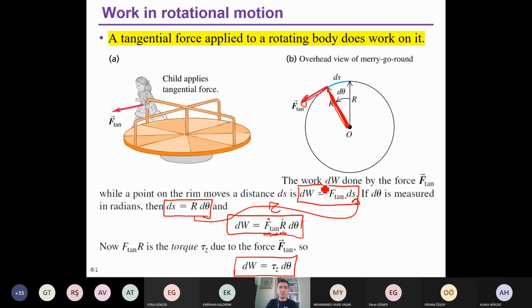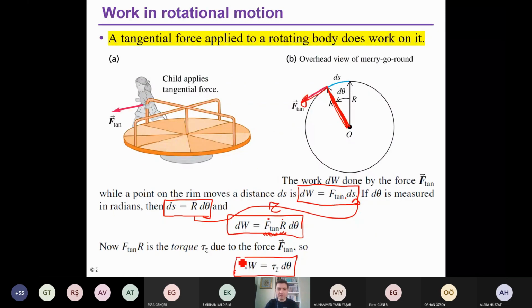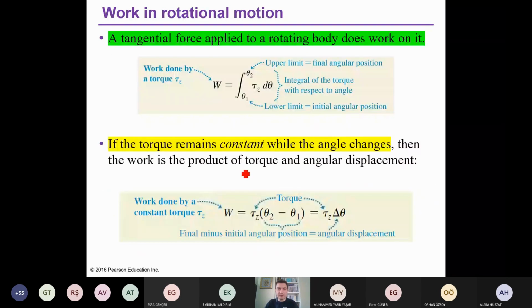So now let's try to write this one in a general form. This is the lower limit, initial angular position theta 1, and this is the upper limit, theta 2, final angular position, and we have work dW. If you integrate this one and this one, on the left side we have work, and on the right side we have this integral. Just consider that this torque is constant.